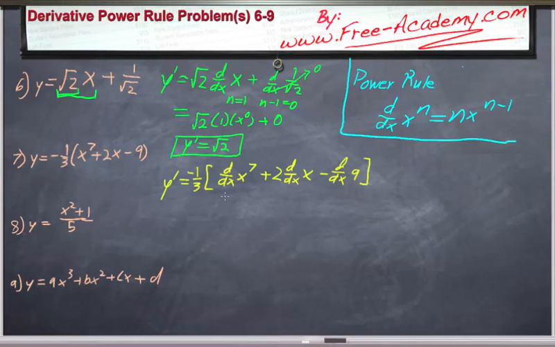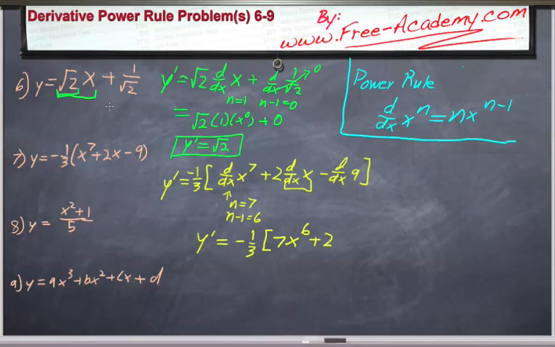We'll do a couple different power rules here. For the first term, n equals 7 and n minus 1 equals 6. So we'll start writing this through. y prime equals negative 1/3 times n x to the n minus 1. This will be plus 2 times the derivative with respect to x of x, which we know at this point is equal to 1.